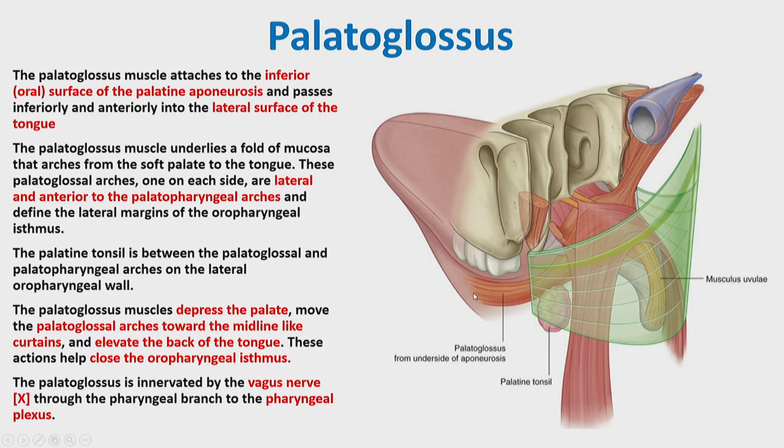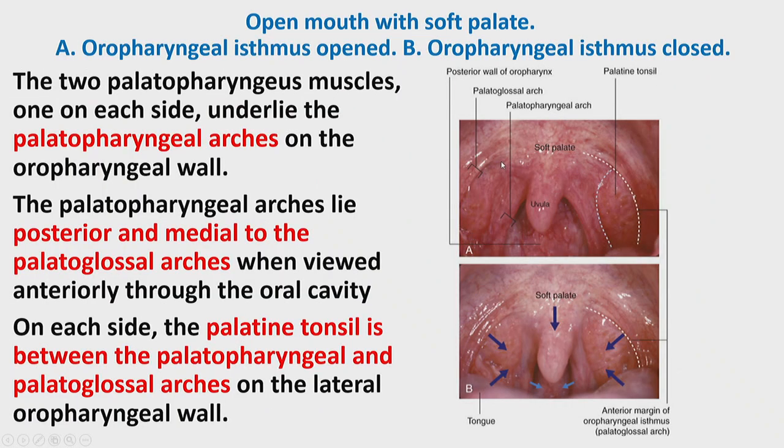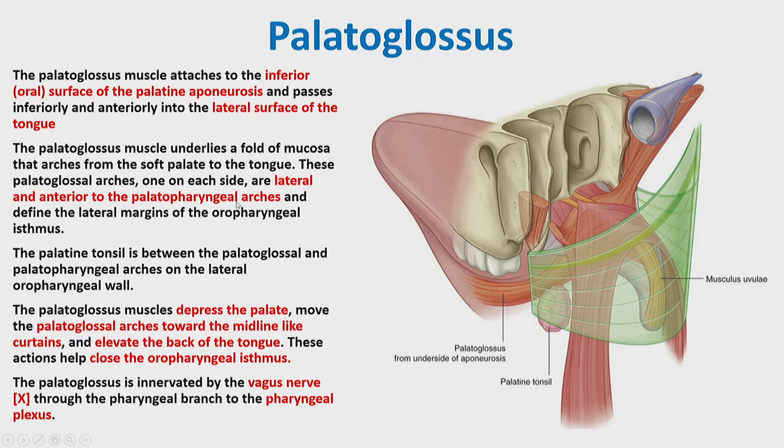So here is the lateral surface of the root of the tongue, which next week we are going to discuss, along with the tongue, and it attaches to the inferior surface of the palatine aponeurosis, and it's making the lateral and anterior arch, as we said, in this region, the palatoglossal arch, and lateral and anterior to it the palatopharyngeal arch is located.